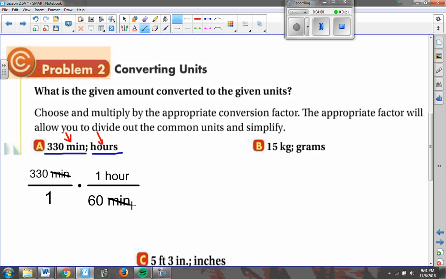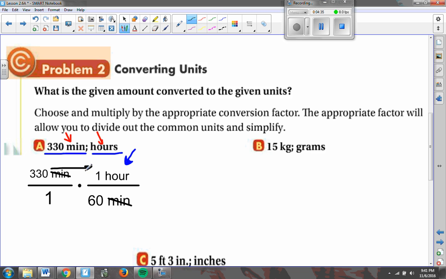Minutes on the top and minutes on the bottom will cancel out, and we'll be left with a unit of hours. So we do want to always cancel out the units. So if you're given something in minutes, put minutes on the bottom of the conversion fraction. And then in terms of numbers, we can just multiply straight across as we usually do with fractions.